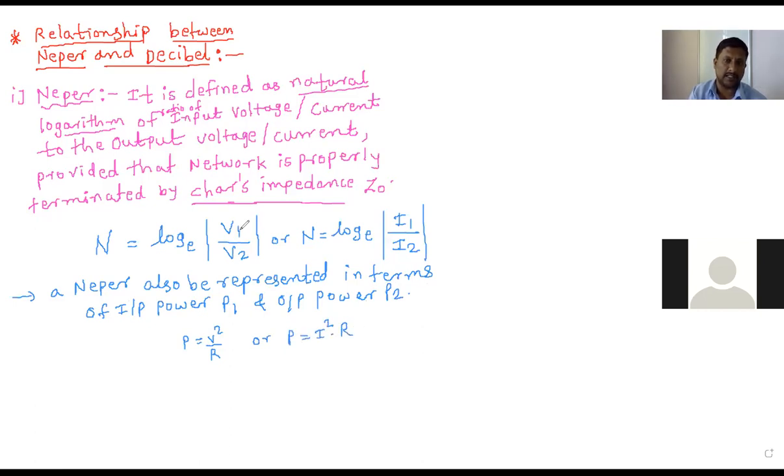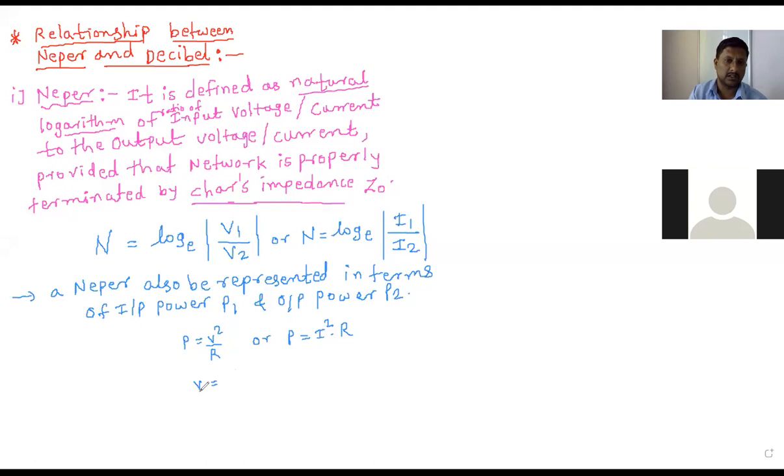Now I know V1, V2 or I1. If I want it in terms of P, R remains constant. So V is directly proportional to under root of P, meaning V square is directly proportional to P. Similarly, I is directly proportional to under root P. So V is directly proportional to P raised to 1 by 2, and similarly I is directly proportional to P raised to 1 by 2.